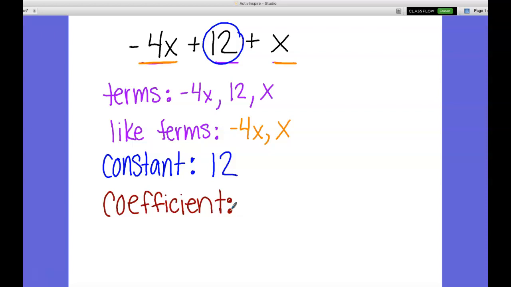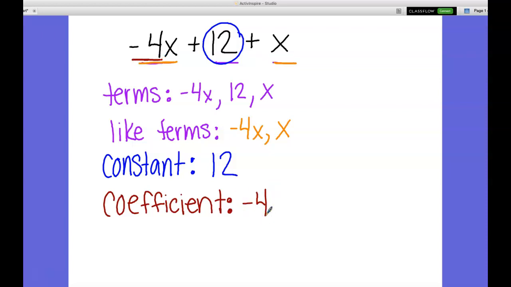Okay, so when I look for a coefficient, I'm looking for variables, and I have variable in that first term. So the number that is multiplied to the variable is negative 4. Therefore, negative 4 is my coefficient.